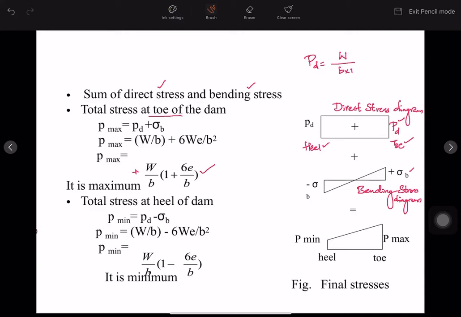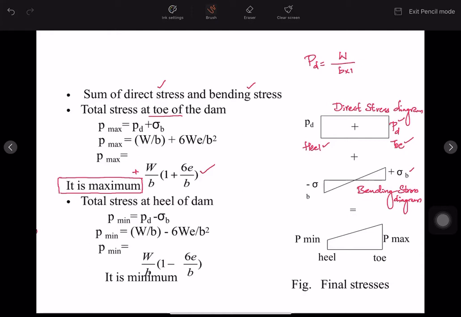So this will be the maximum pressure, the maximum stress in the dam, which is located at the toe point.